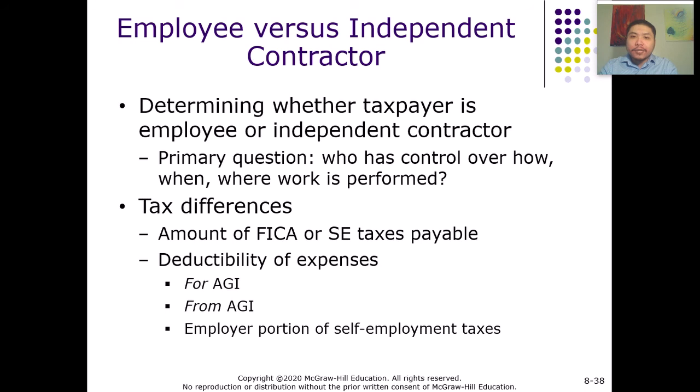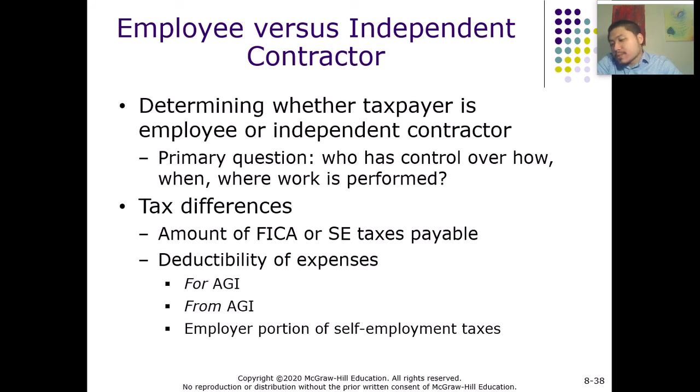So that's why the IRS publishes a list of factors that a taxpayer can use to classify themselves as whether or not they are an employee or an independent contractor. I just want to show you some of the questions, and these questions are on page 21 in the book.